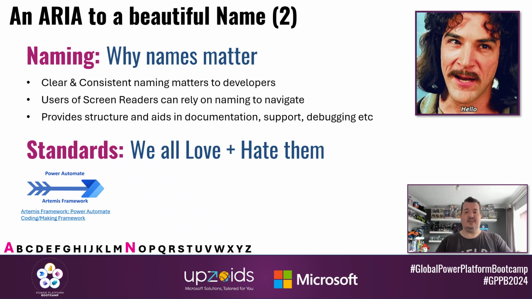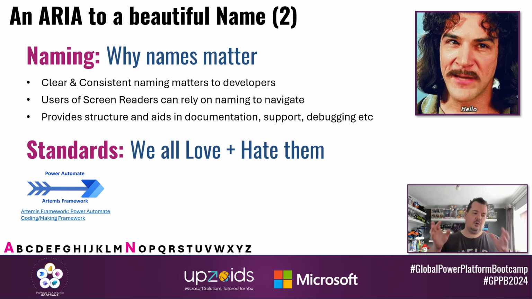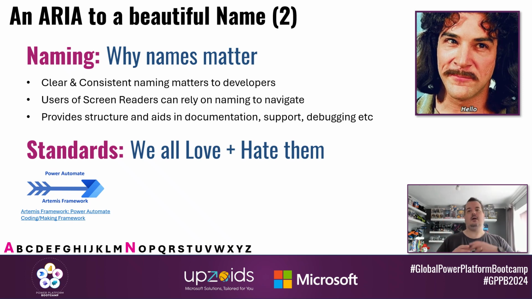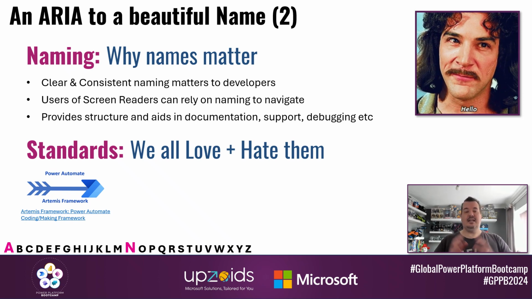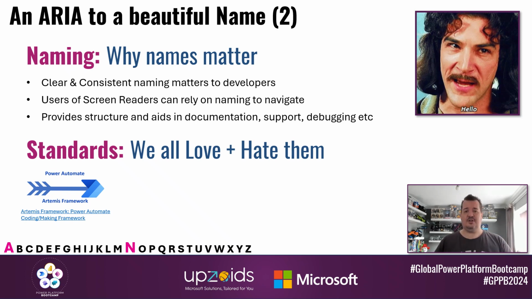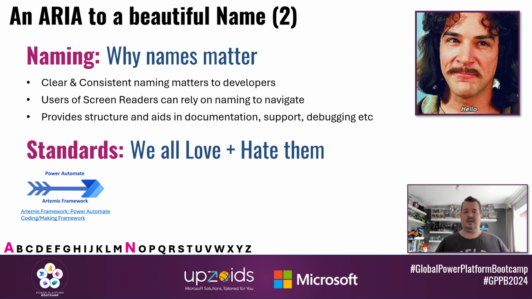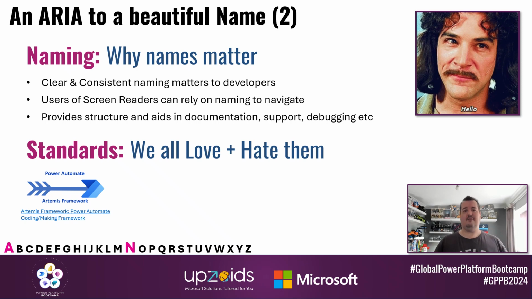It's the Artemis framework, and it gives you guidelines for coding and making and structuring Power Automate flows and some of the surrounding things. He's just released version 2 of this, and it is really good and well worth checking out. You'll be able to click the links when you download the slides, and I definitely recommend checking it out.